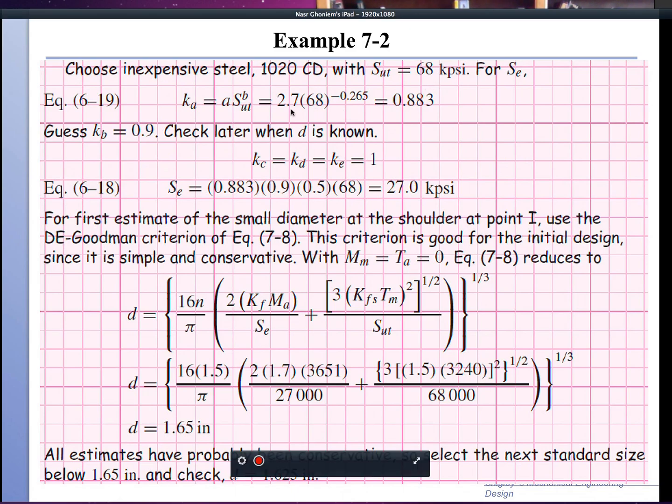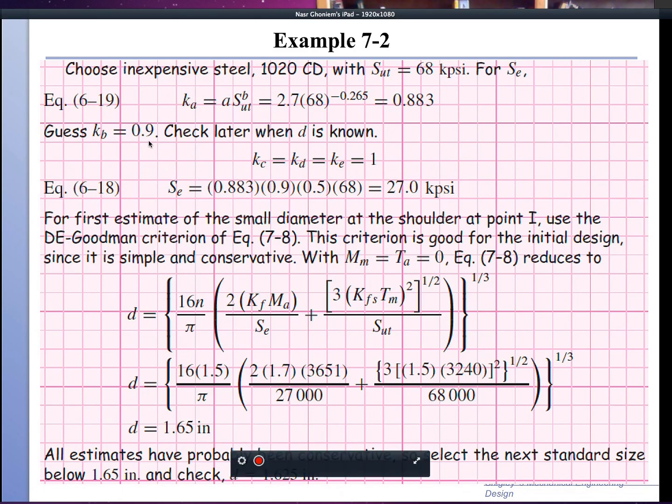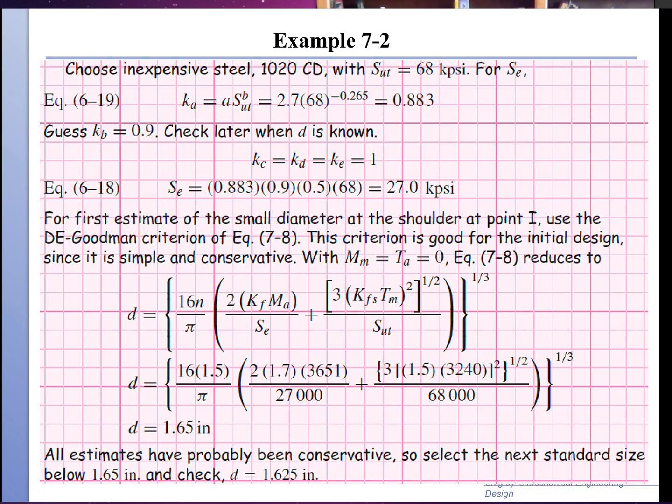However, if we make corrections, the correction for the surface finish, machined, is 0.883, and the second correction, which is dependent on the size, we don't know the size, so we're going to guess it as 0.9. Then we'll take all of the other factors to be 1, and therefore our first guess at the endurance limit is 27 ksi.